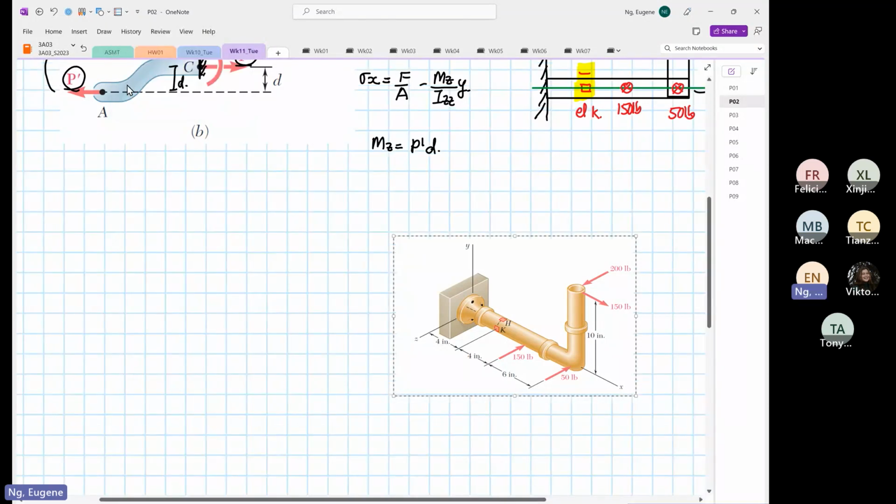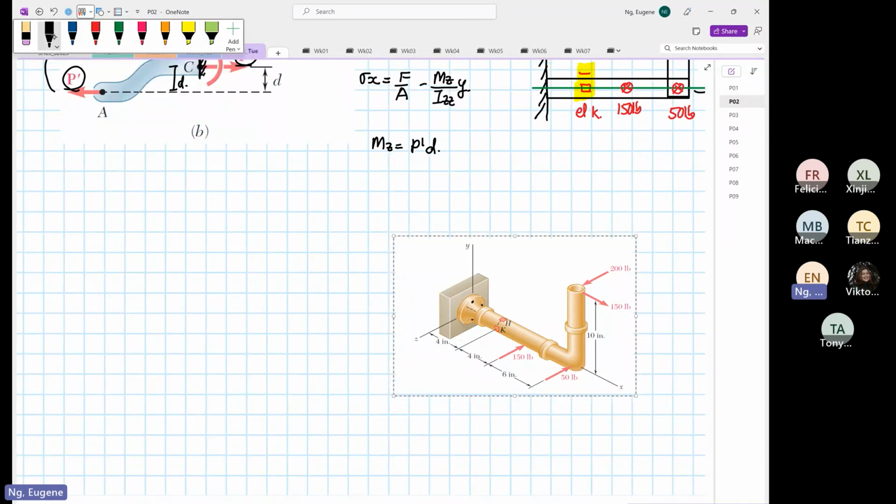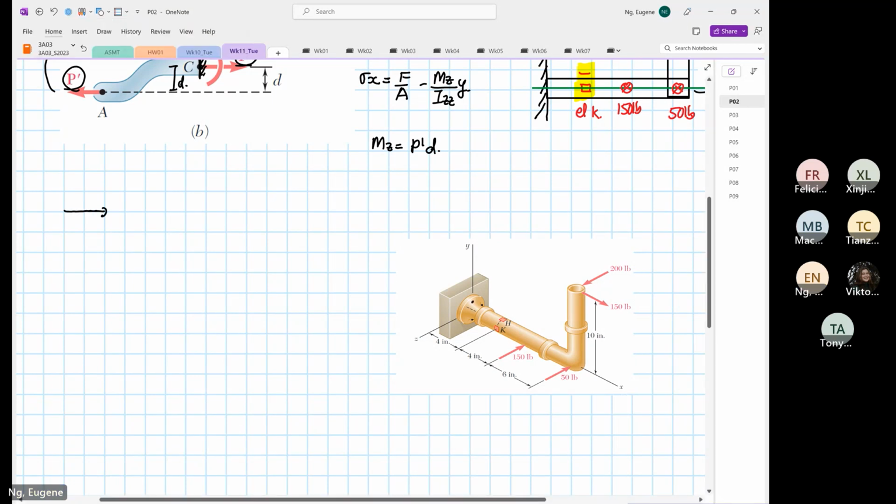We are going to now view this. So this is our X, and this is our Z, and then using right hand rule, this is rotation about Y.